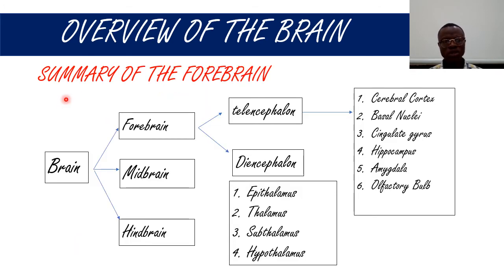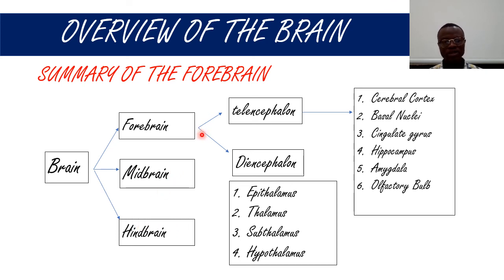To conclude our tutorial for today, let's get a summary of what all we've discussed. Remember, we talked about the division of the brain. There are three: the forebrain, the midbrain, and the hindbrain.